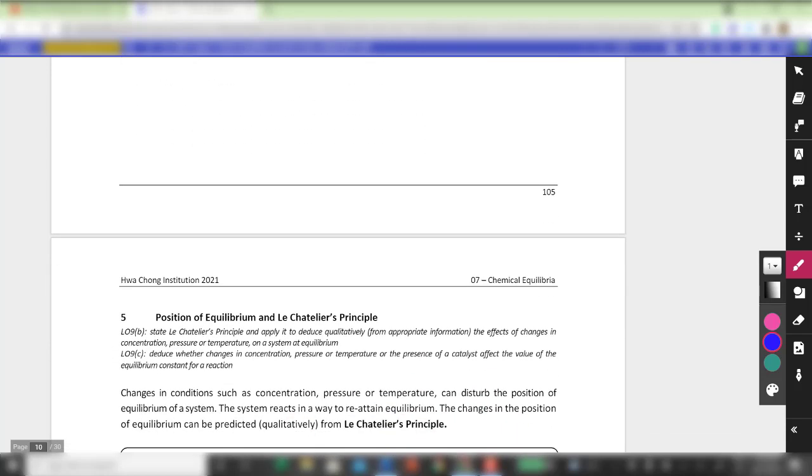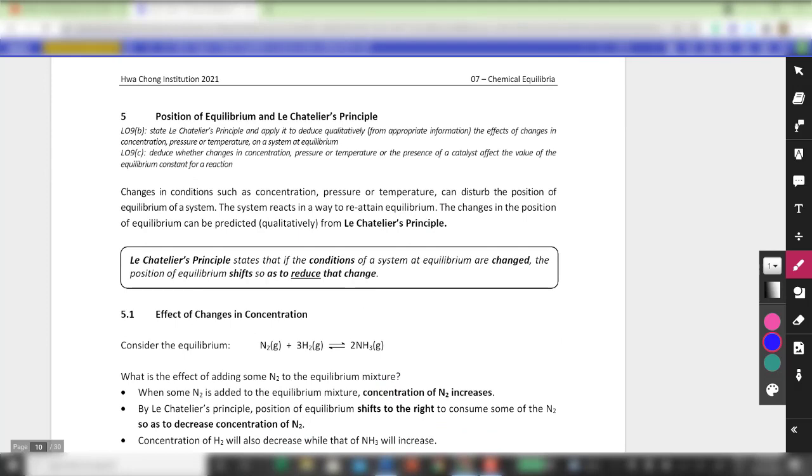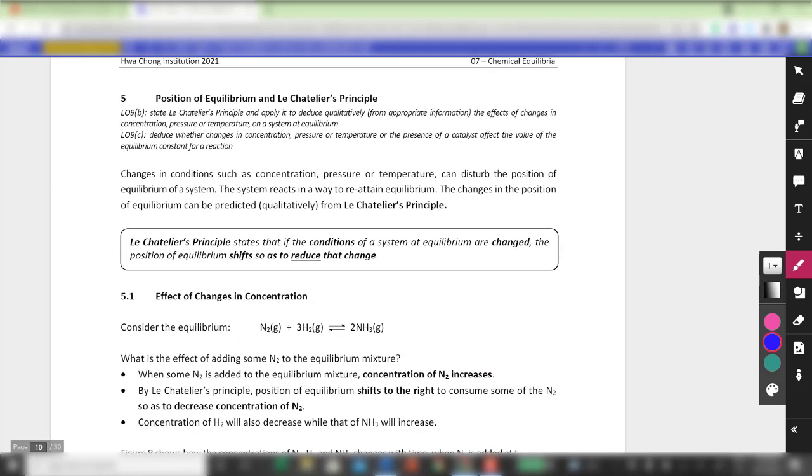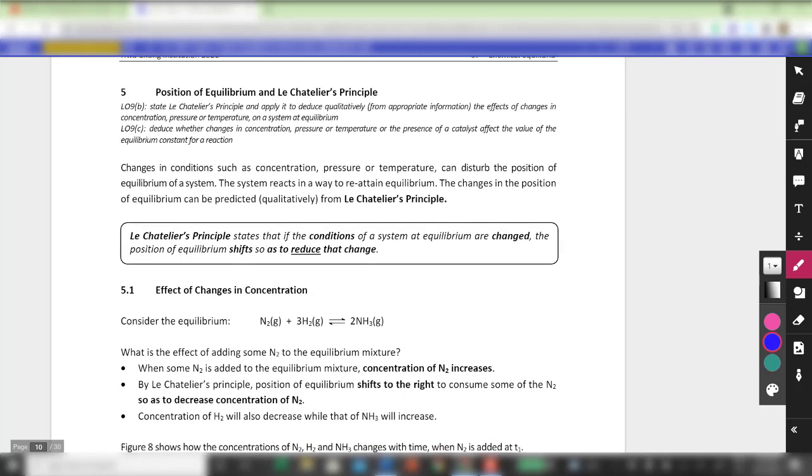Okay, we'll move on to the fifth topic, which is on position of equilibrium and Le Chatelier's principle. Some of you might have learned this in secondary school, especially Le Chatelier's principle, because you learn about the qualitative aspect. Even if you didn't learn the name in secondary school, you would have used it in your qualitative explanation.